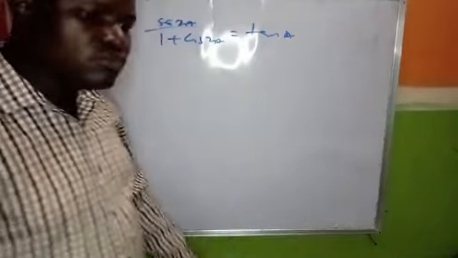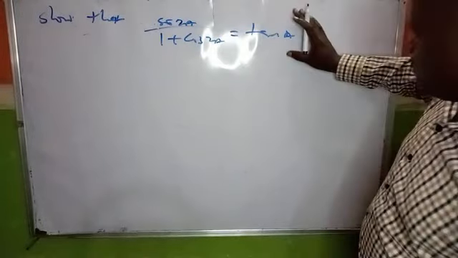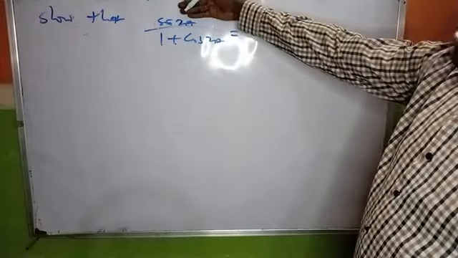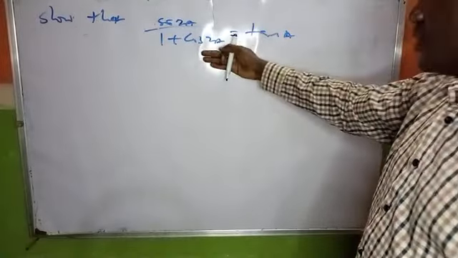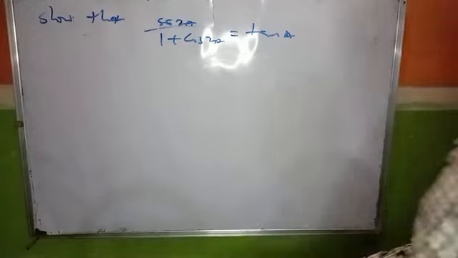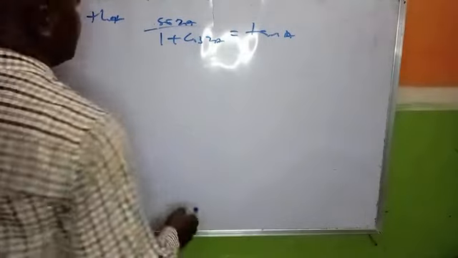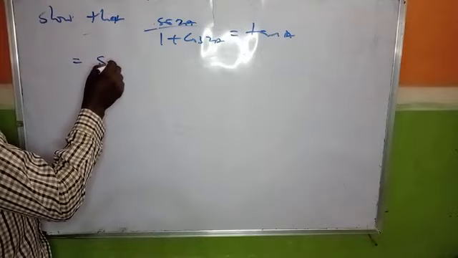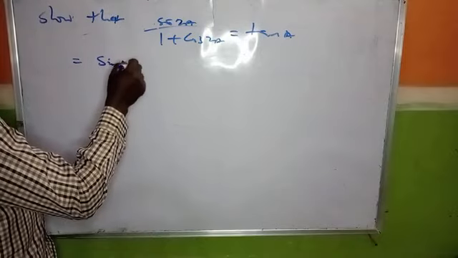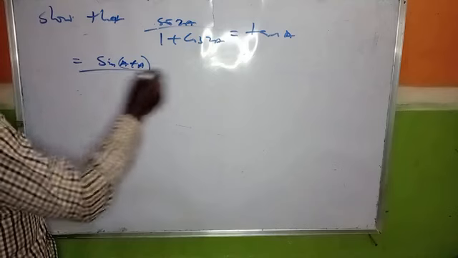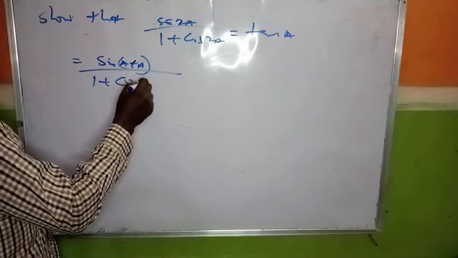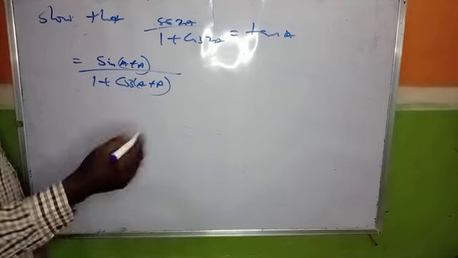You simply follow the same thing I told you the other time. What is this? This is double angle. So why is this called double angle? You know the formula, so you place them there. So for this, you will have it as sine A plus A over 1 plus cos A plus A. So you have this.